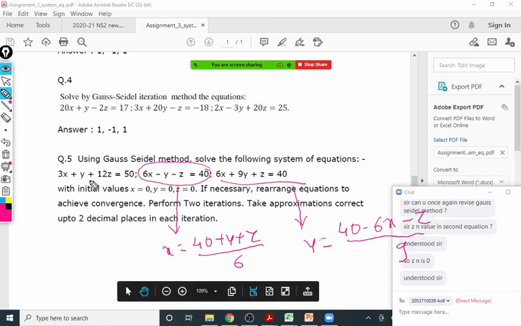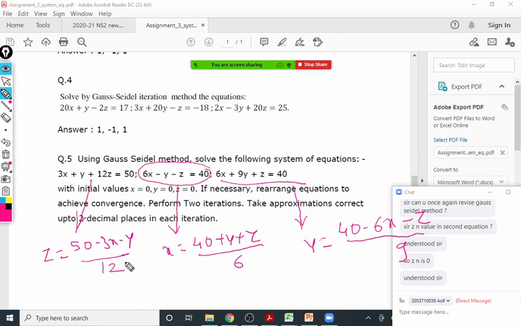And then the last equation gives z equal to 50 minus 3x minus y upon 12. This becomes the formula for Gauss-Seidel. You have to write it in the form of xn plus 1, yn plus 1 and zn plus 1. So this way you should start, and you have to do only 2 iterations.